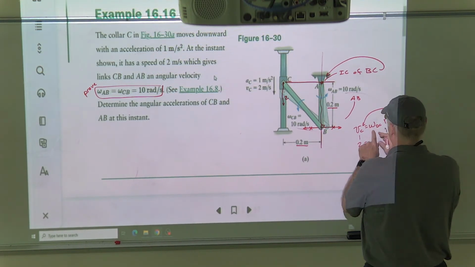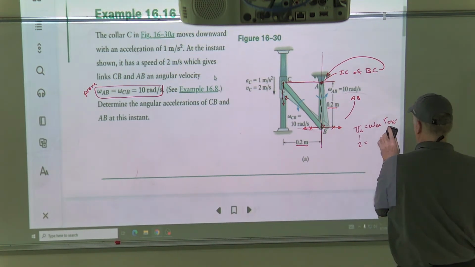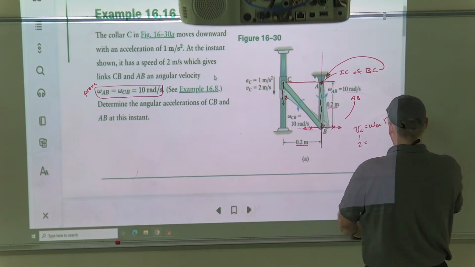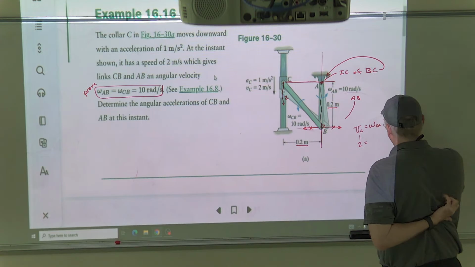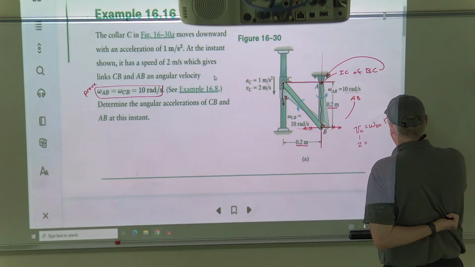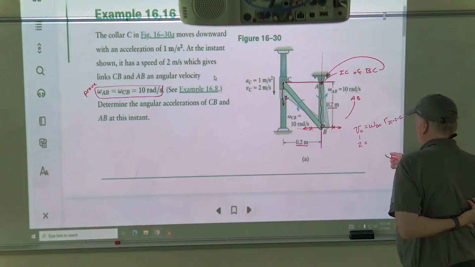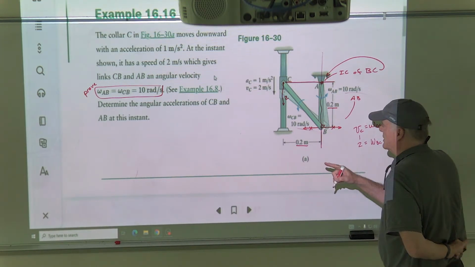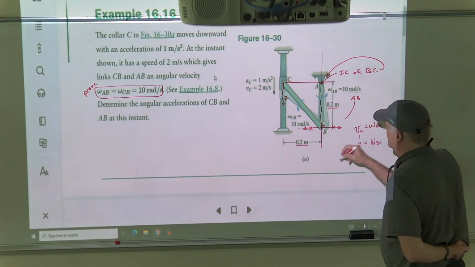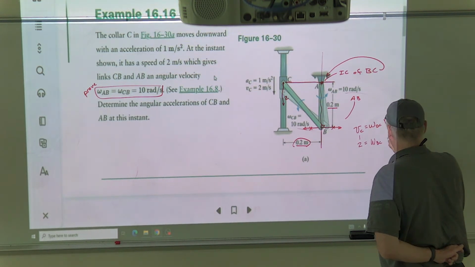Actually, let's see, it really doesn't matter, it's the magnitude. So I'll just say instant center to C. How about that? That's a weird subscript. But now I don't know omega BC. I know he told it to us, but I don't want to buy into that yet. The distance between here and here is 0.2.